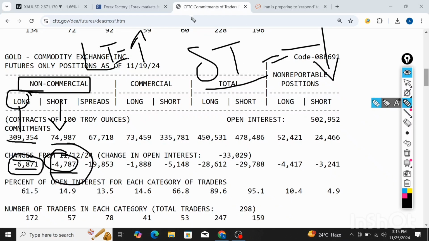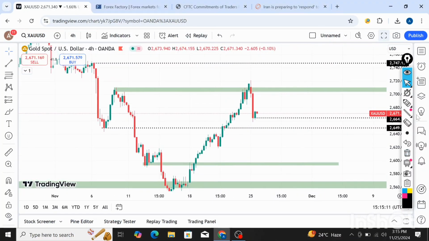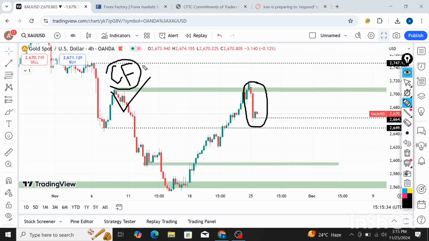Now, moving on to our technical analysis and our chart, I want to discuss one thing with all of you. Most of you might be wondering why this sell-off happened at the market opening today. Let's explain this first. There was news about a ceasefire deal between Hamas and Iran proxies, and Israel, and the progress of the ceasefire deal is going quite well.